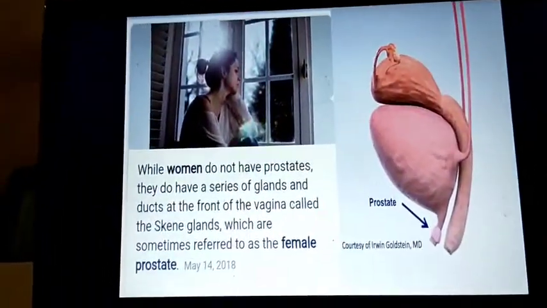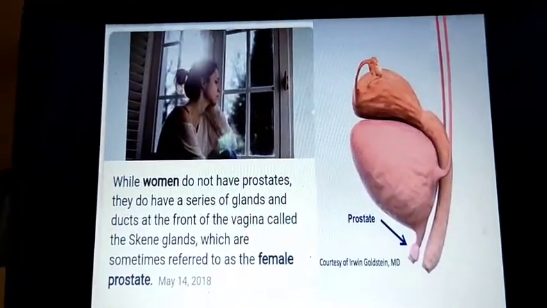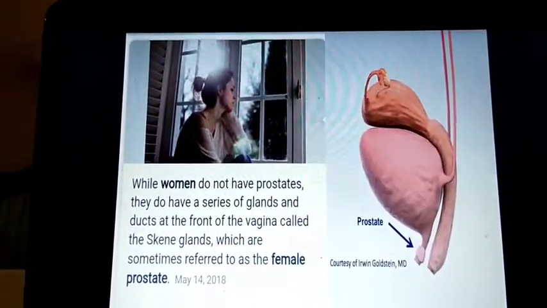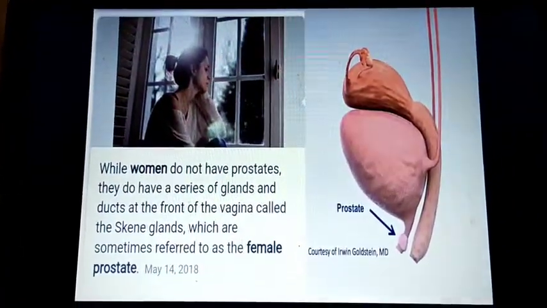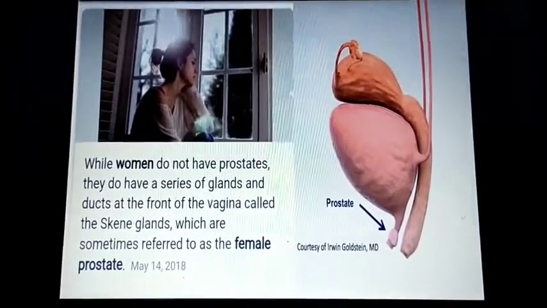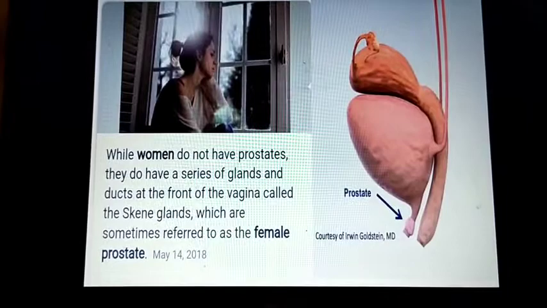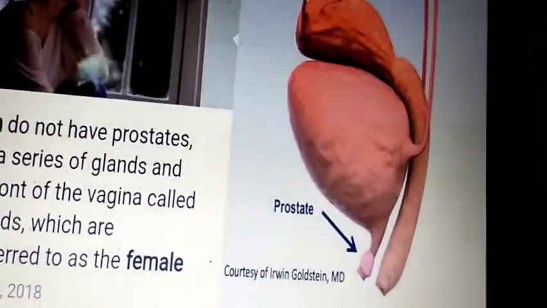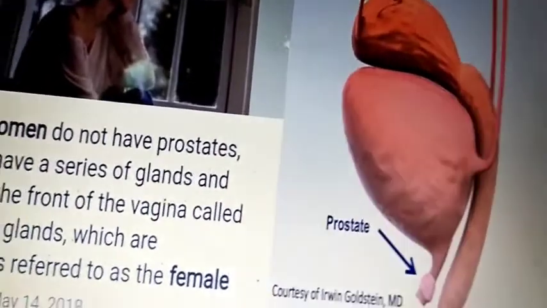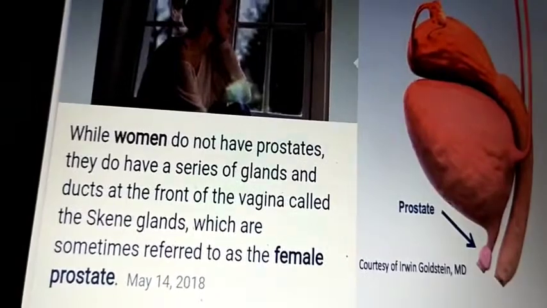While women do not have a prostate, they do have a series of glands and ducts at the front of the vagina called the Skene's glands, which are sometimes referred to as the female prostate. You can see this in the picture. The Skene's glands work like a prostate in the female.